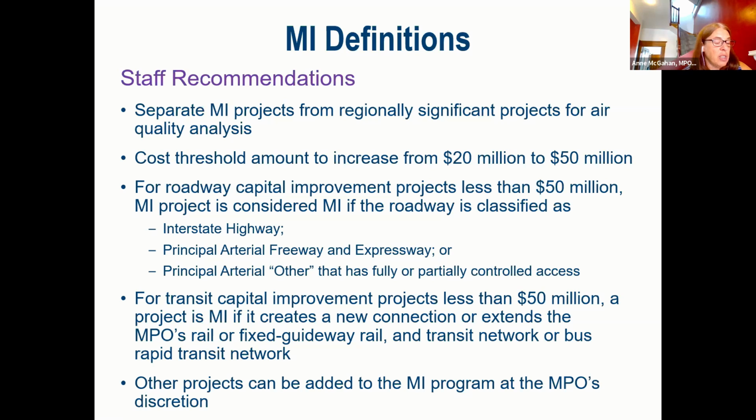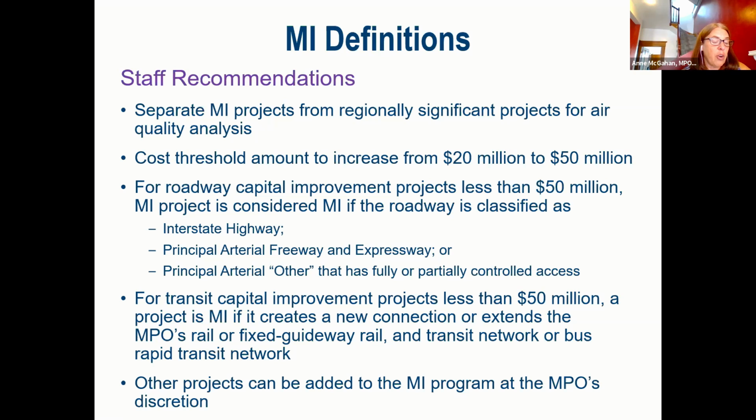Even if a project does not meet the $50 million cost threshold, it would be classified as a major infrastructure project if it makes capital improvements to roadways that are classified as interstate highways, principal arterial freeways and expressways, or principal arterial other that have fully or partially controlled access. The MPO staff suggested specifying these roadways to focus the major infrastructure program on facilities that are important to regional travel.